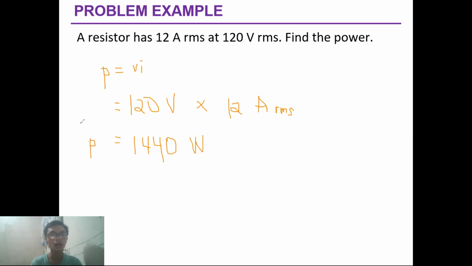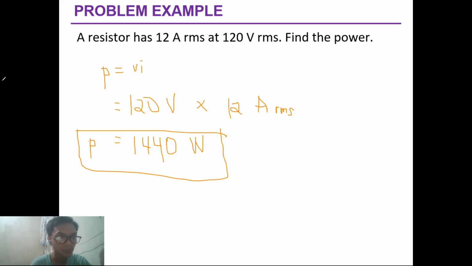So therefore, the power based on the given values is equal to 1,440 watts. So why is average power non-zero for resistors but zero for inductors and capacitors?